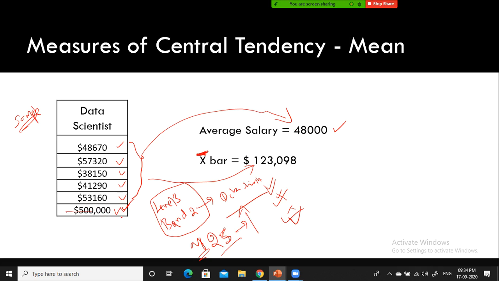After including this, the average is 123. Why? Just because one person is getting a very high salary, the average got skewed. Even the average got skewed in this case. But if you exclude this and take an average, it is pretty decent.